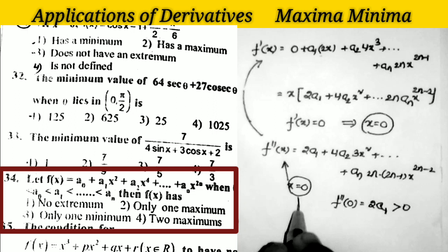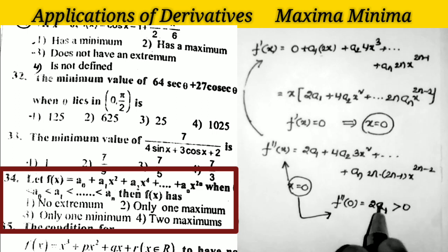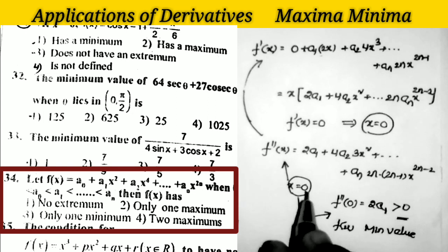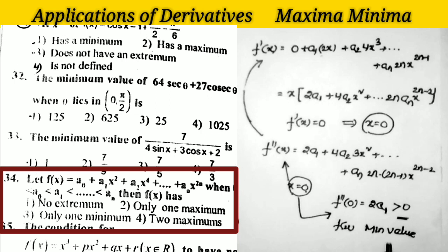That is, at x is equal to 0, f double dash of x greater than 0 means the function f of x has the minimum value. So the option is only one minimum value, and that is the third option.